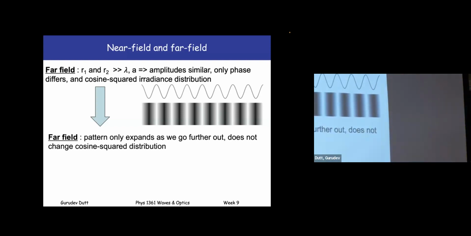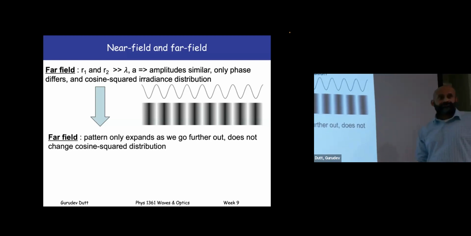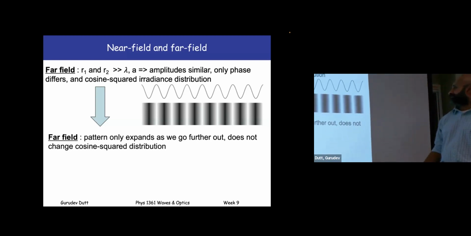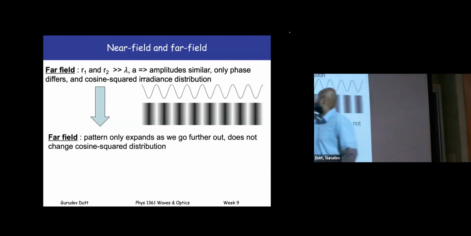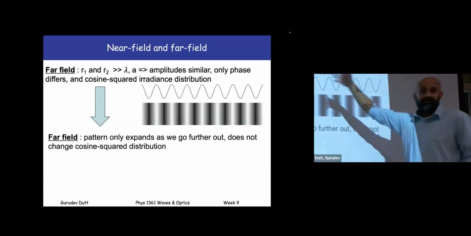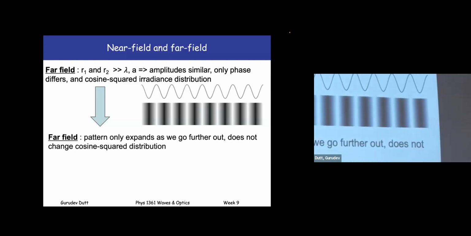Okay. And so what we call the far field distribution for interference pattern is this situation that I was just telling you. R1 and R2 are much greater than wavelength and also greater than the separation between the sources, S1 and S2. Okay.